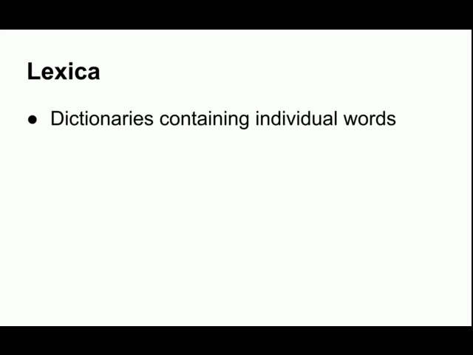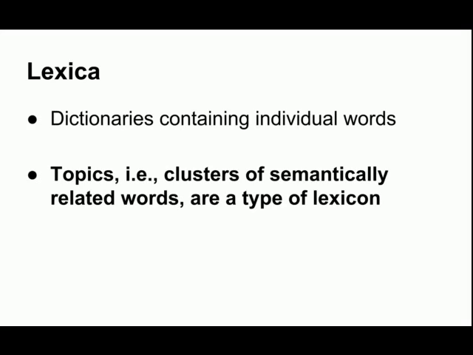For the purposes of this tutorial, it is enough to know that lexica, broadly defined, are dictionaries containing individual words, and topics, which are clusters of semantically related words, are a specific type of lexicon, and particularly well suited for this plotting tool. We can think of each topic as a category that contains individual words.